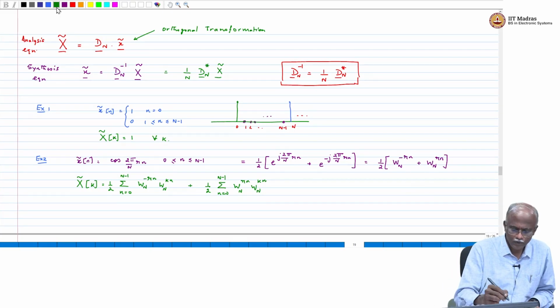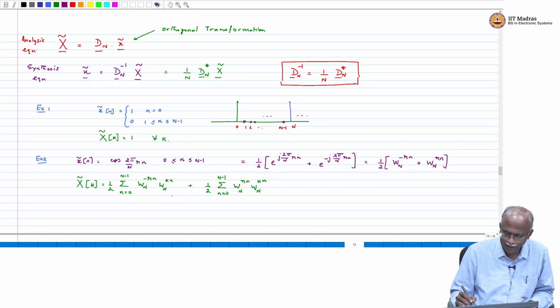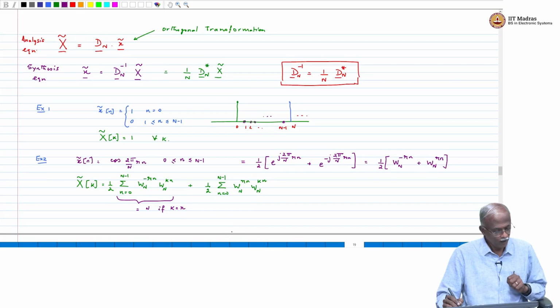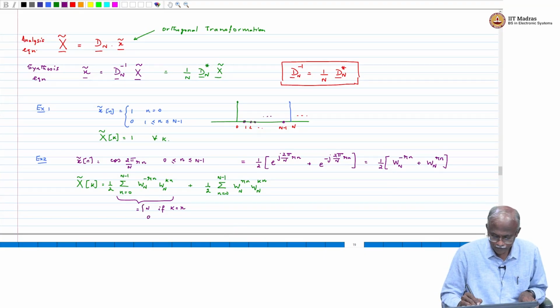Okay, now of course you can simplify and verify that, from the principle of orthogonality, this will be equal to N if k equal to r, 0 otherwise.